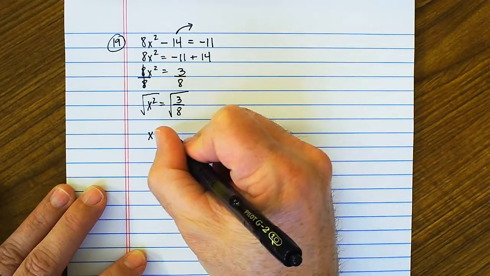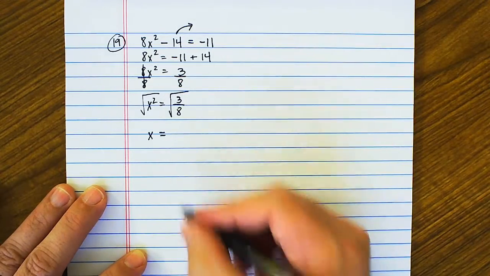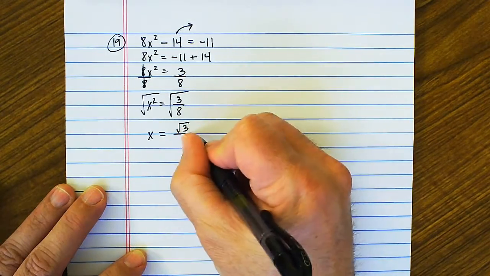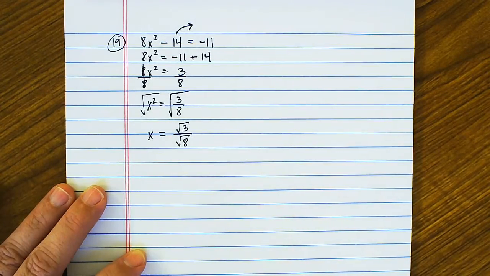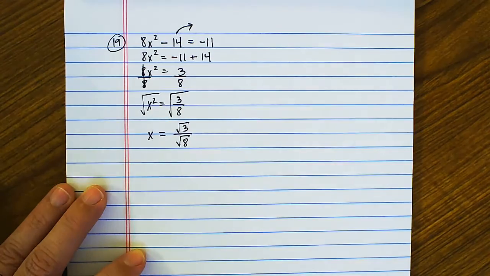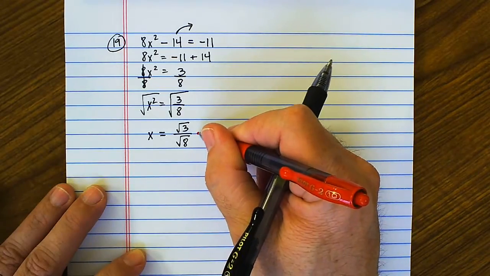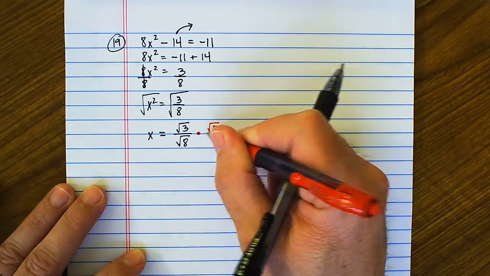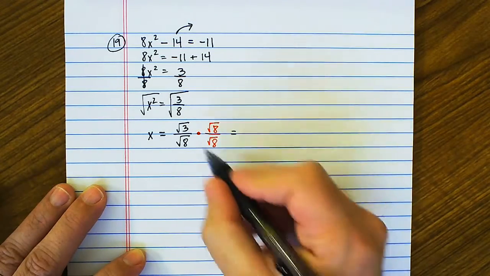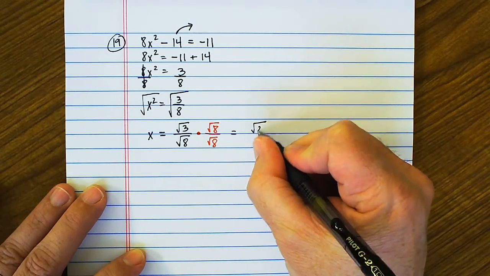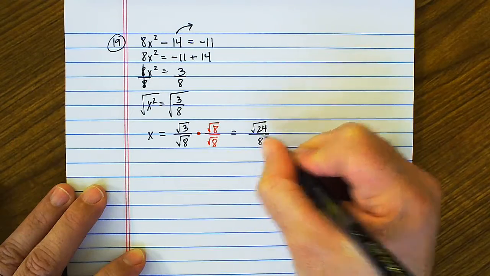So that basically gives me x equals radical 3 over radical 8, which I'm going to go ahead and just get rid of that radical on the bottom now. So multiply by radical 8 over radical 8, which 3 times 8 gives me radical 24 over 8.